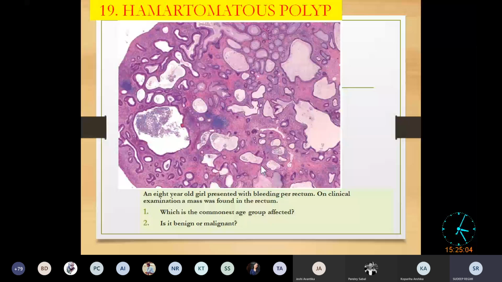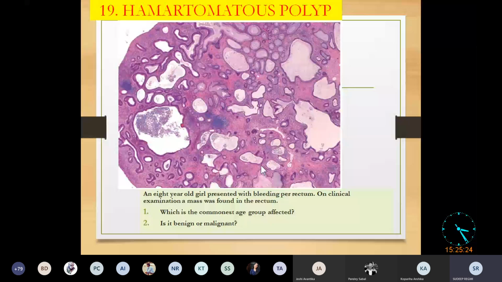There are glands, cystically dilated glands, branching glands, but nowhere is atypia seen, or infiltration of the cells into the stroma, or any pleomorphism. So definitely it is a benign lesion first, which you correctly said.